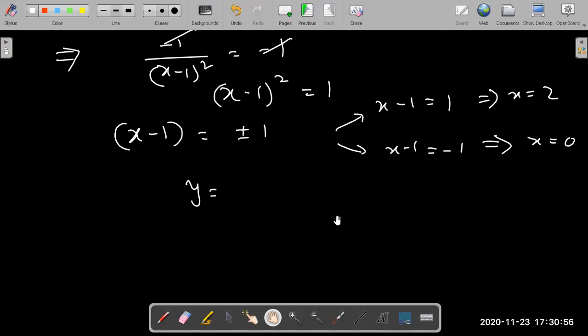But then we need to get the lines. Slope is to be minus 1. So let's assume that y is equal to mx plus c is the equation of the tangent.